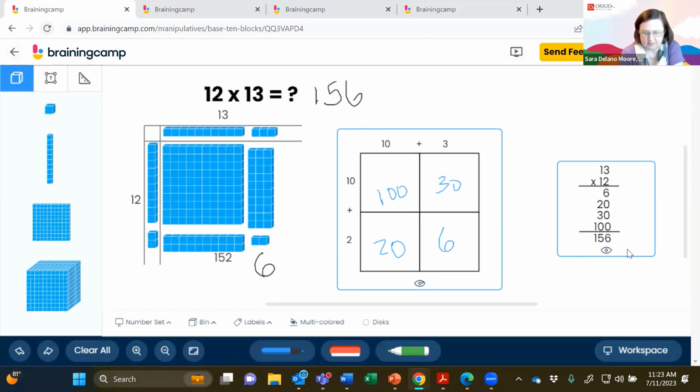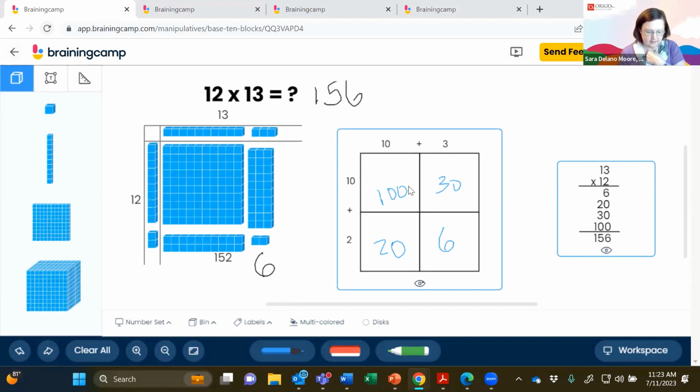This counts as a standard algorithm. The more traditional form is a little more compact, but I find this way is easier for students to think about and build that bridge so I can see 10 times 10 all the way across. I can see it in the flat on the left.